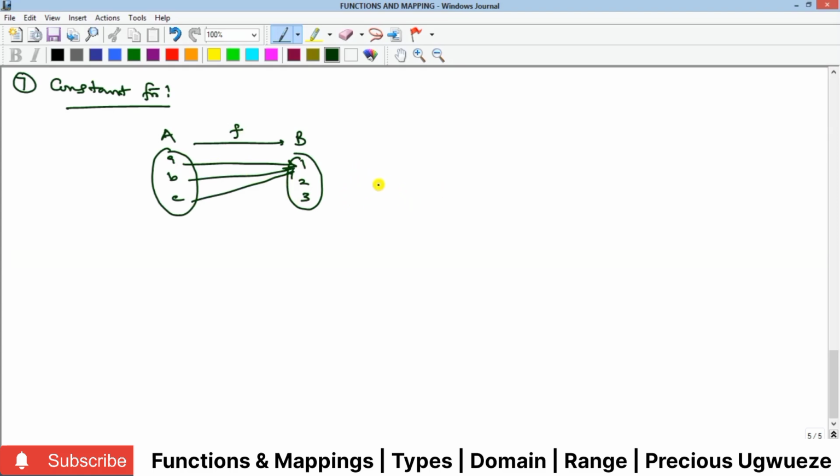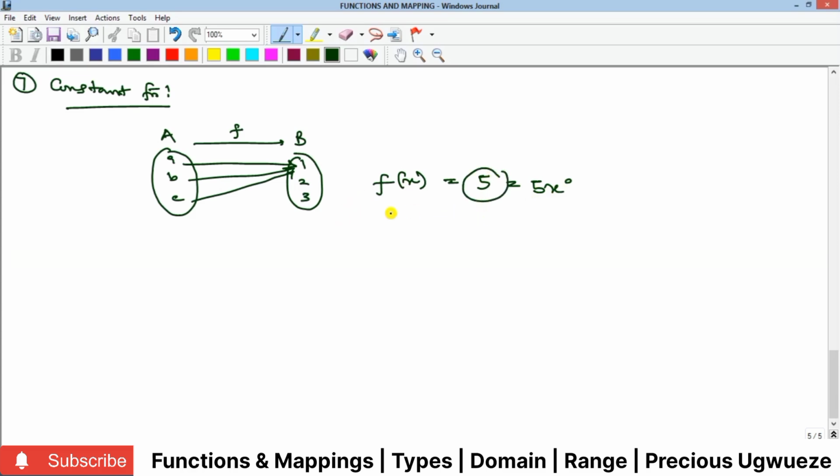An example of that is, for instance, f of x equal to 5. This is a constant function because whatever value you put as your x here, you will always get 5. The reason is because by indices, this 5 is the same thing as 5x raised to power 0. So whatever value you put as your x, the power 0 will bring it to 1, and when you multiply by 1, you still get back your 5.